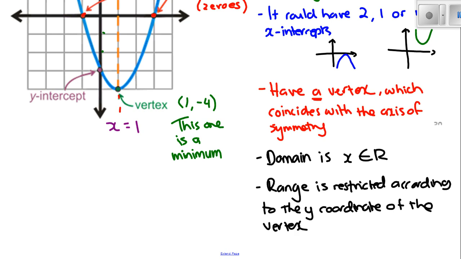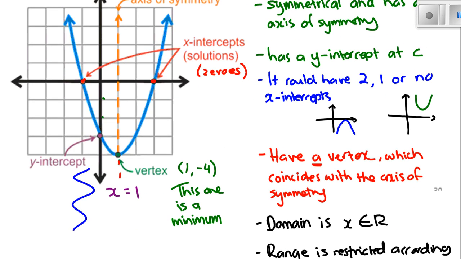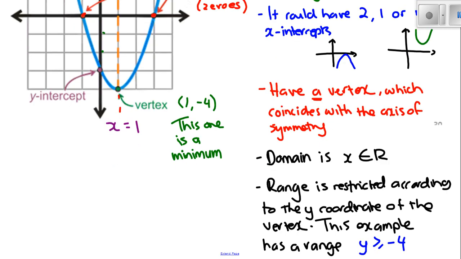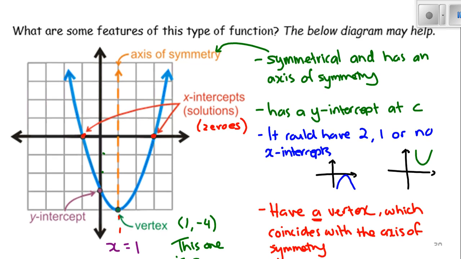So in this case, you would say this example has a range of y is greater than or equal to the y-coordinate of the vertex because it's all above. So see, the graph doesn't live down here at all. It only lives above y equals negative 4, doesn't it? The blue function doesn't even exist down below that. Whereas it exists infinitely in the horizontal direction because it's spreading out infinitely horizontally.